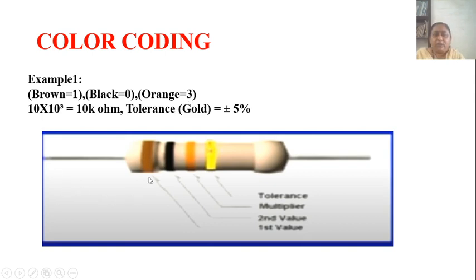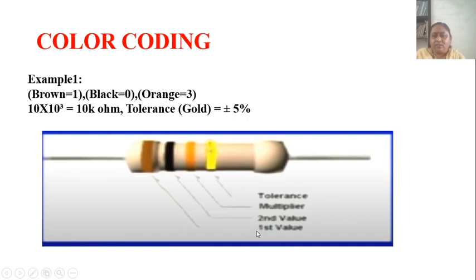So the first digit is 1, the next digit is 0, and the third band is the multiplier, so it is multiplied by 10 raised to 3, because orange has value 3. The next band is gold, which indicates the tolerance, plus minus 5%.